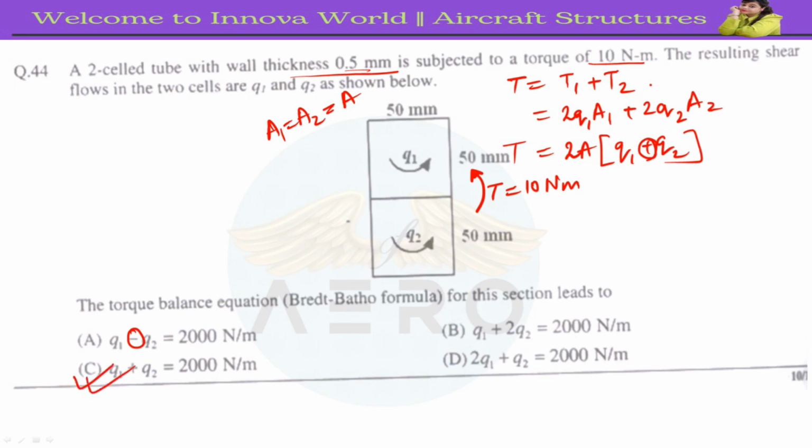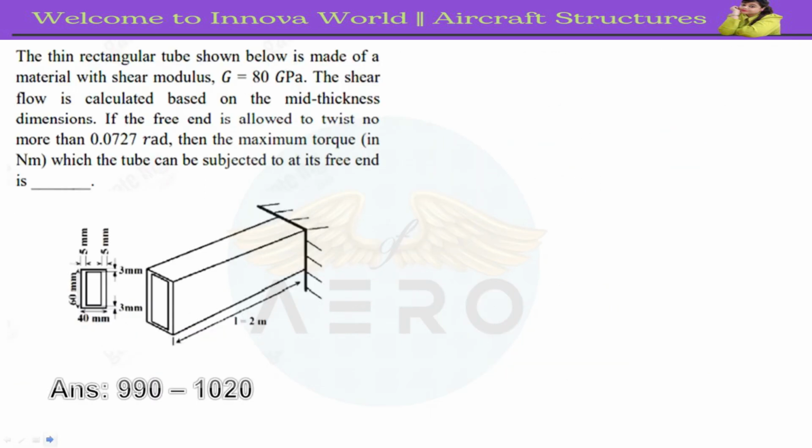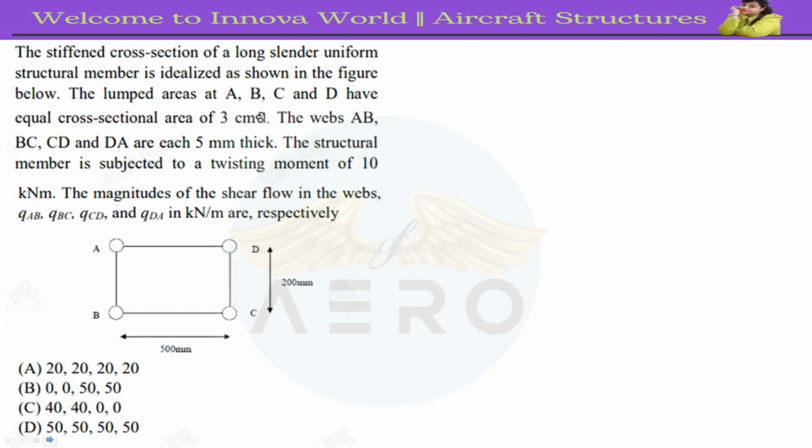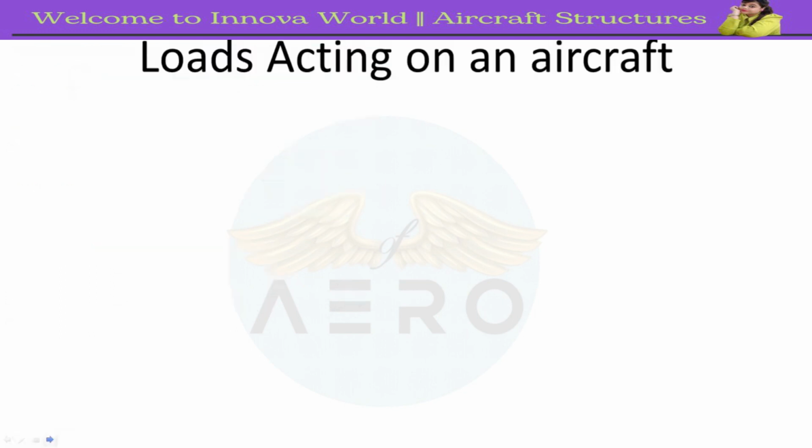So directly we can choose C as the right option, that is Q1 plus Q2 equal to 2000 Newton per meter. There are many different kinds of problems you can solve. This is another kind of problem they have asked, so that we will solve.